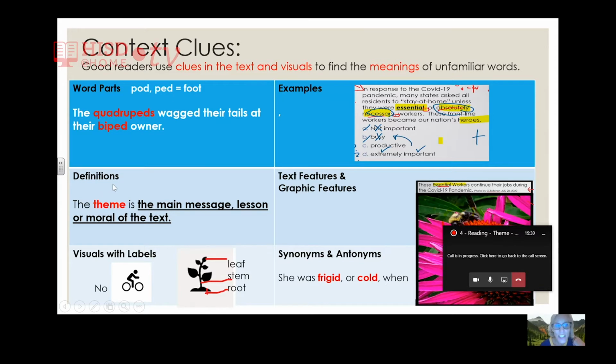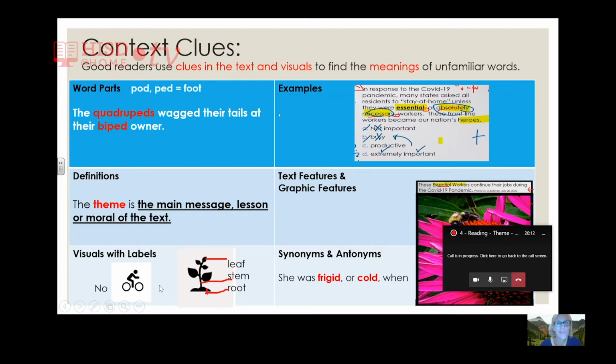Over here, the definitions. You may get the meaning of an unfamiliar word because they literally give you the definition. The theme is the main message, lesson, or moral of the text. There, it just said what the theme is: the message or the lesson. Okay, or you can have visuals with labels, like no bikes.